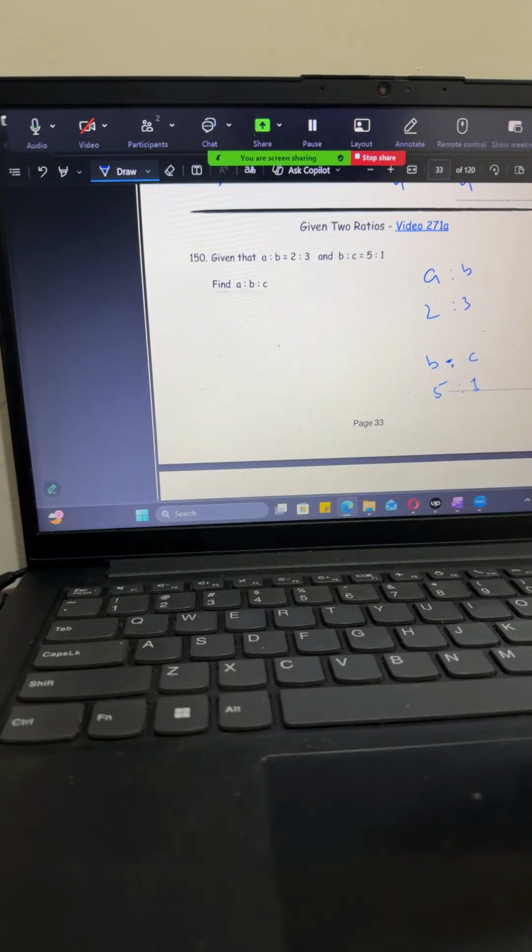Let me think about it. We can divide the ratios. We can do A over 2, which should equal B over 3, right? Then if we multiply on the other side, we get B equals 3 over 2 times A.